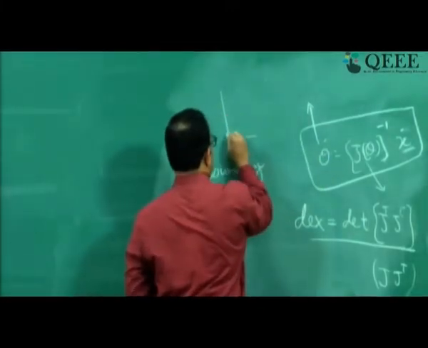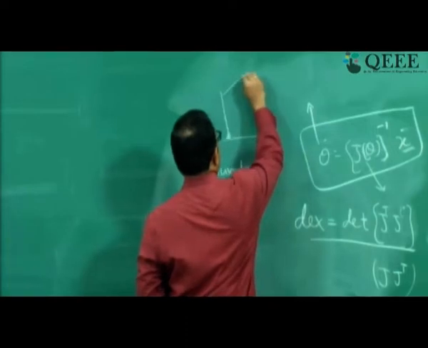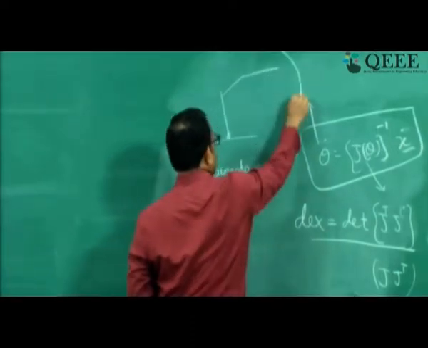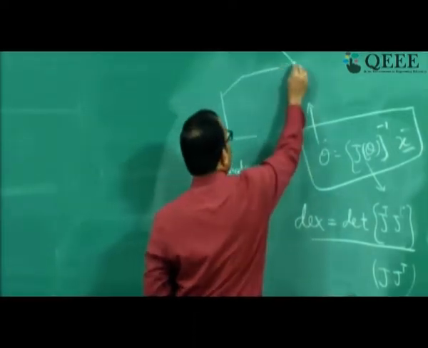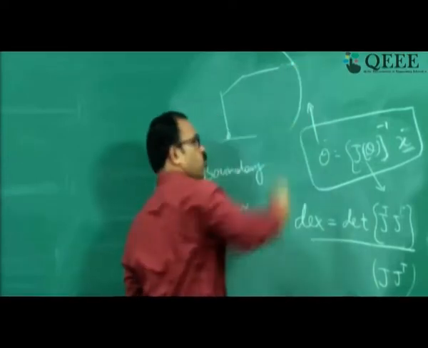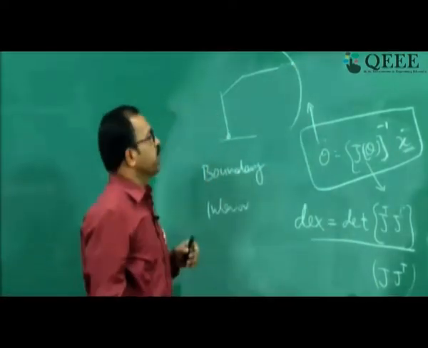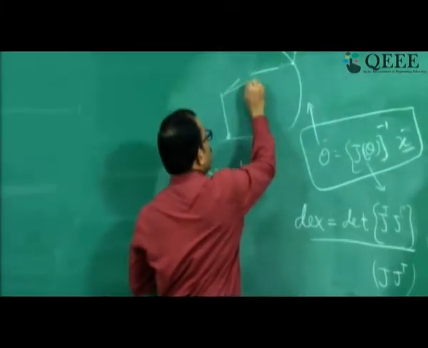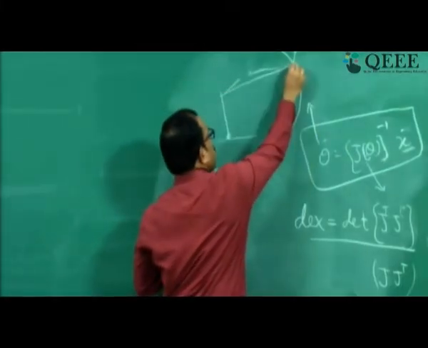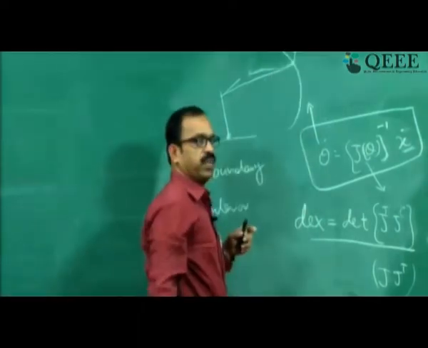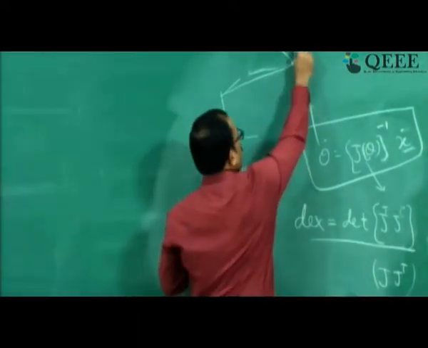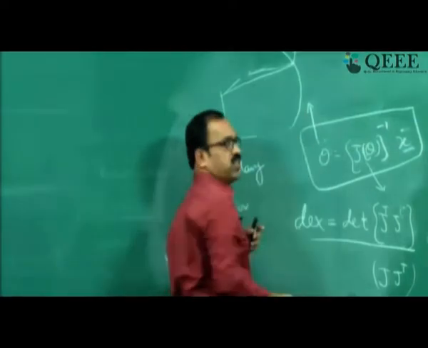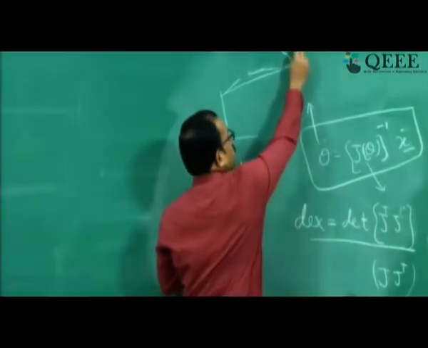If this is the workspace of the manipulator and the robot has reached this point, the tool tip is at the edge, and now you want it to have a velocity in a particular direction. It won't be able to move because it's already at a singular configuration. It cannot have a velocity in this direction.